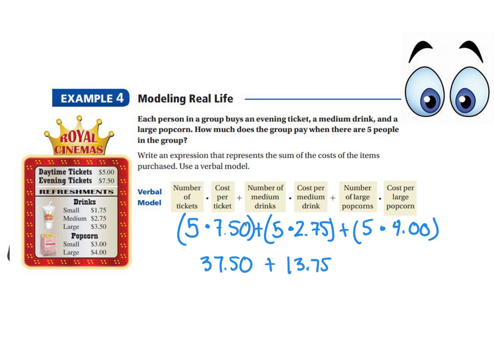That is the cost of the drinks, plus the popcorns. 5 times 4 is 20. So now we get $37.50 plus $13.75 plus 20 to get a grand total of $71.25.